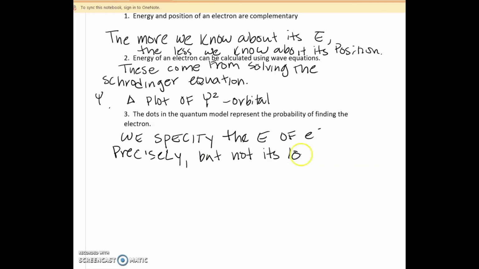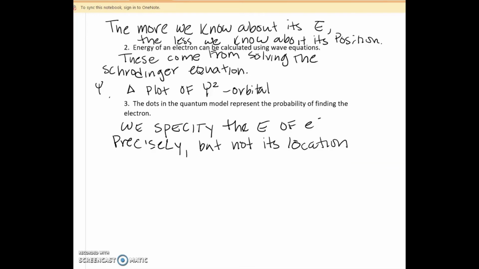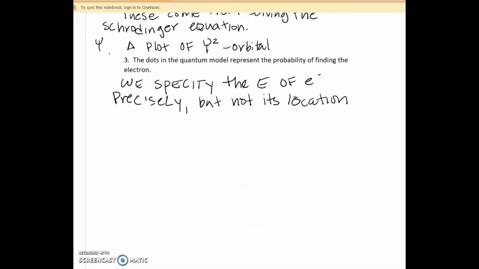We're going to look at the results that come from solving the Schrödinger equation for our hydrogen atom. When we solve the Schrödinger equation, this describes the behavior and properties of our electrons. Schrödinger took some of those ideas we talked about before, took the new ideas from the time, and came up with quantum mechanics.